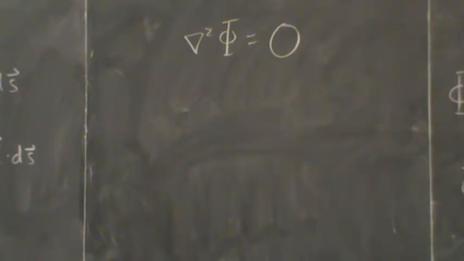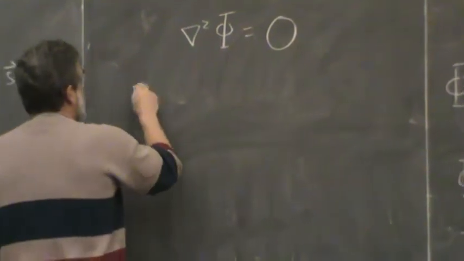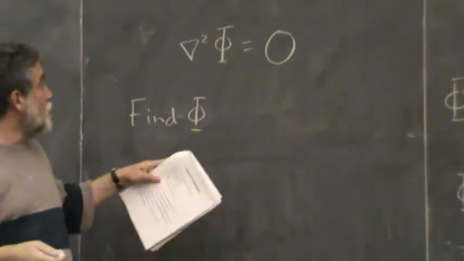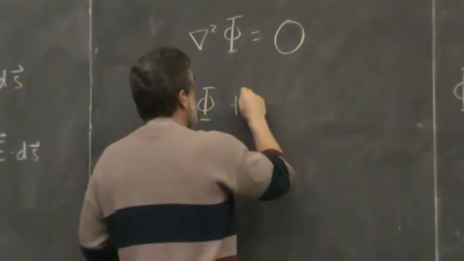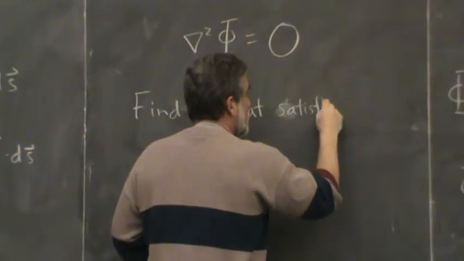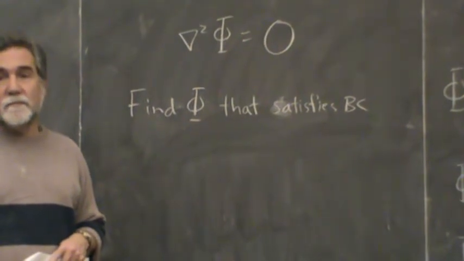I have a whole page here on demonstrating the uniqueness of a solution to this problem, which basically says, I'm just going to state it: if you find a solution to a problem that satisfies a set of boundary conditions, so you just find a phi, and I have no net charge in the region that I'm solving, and you find a phi that satisfies the boundary conditions, then you have found the potential.